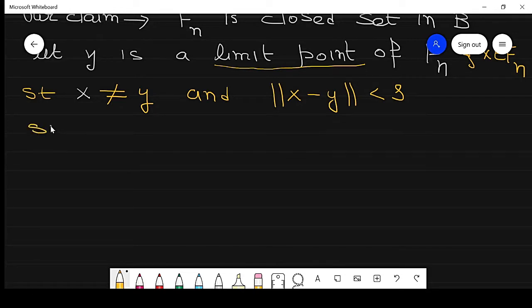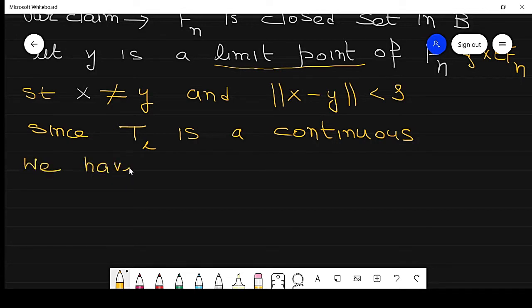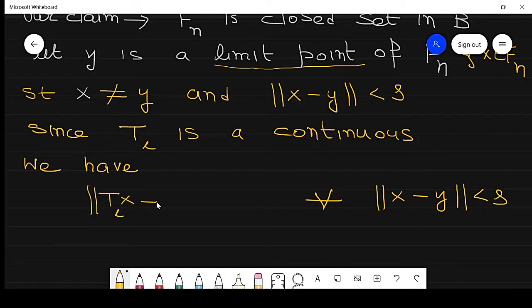Now, since we know that this Ti is a continuous map, by definition we have: for every X, norm of X minus Y less than delta implies norm of Tix minus Tiy is less than epsilon.